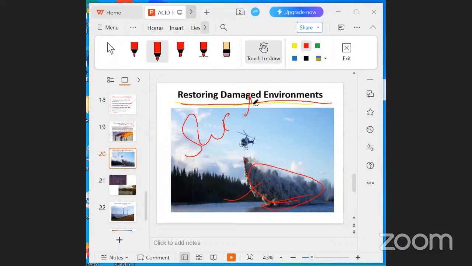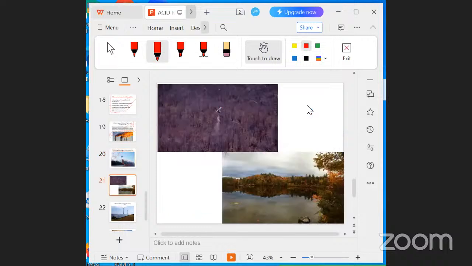Nevertheless, it helps to restore and allow the survival of aquatic life forms by improving chronically acidified surface water. So this is restoring damaged environment with lime. Okay, you see another picture also here.